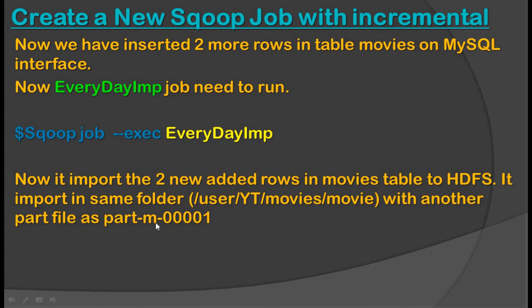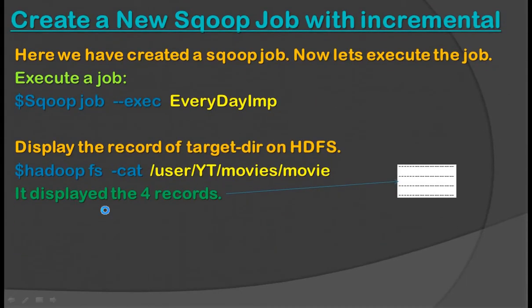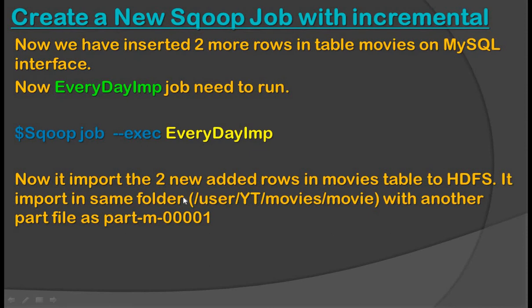As we know, when it runs the first time it creates part-m-00000, and when we run it a second time, it creates another mapper file named part-m-00001, because we are using only one mapper. As we can see here, we are using only one mapper, so we will get only one mapper output. If we use more than one mapper, then we can get more than one mapper output in this target directory.